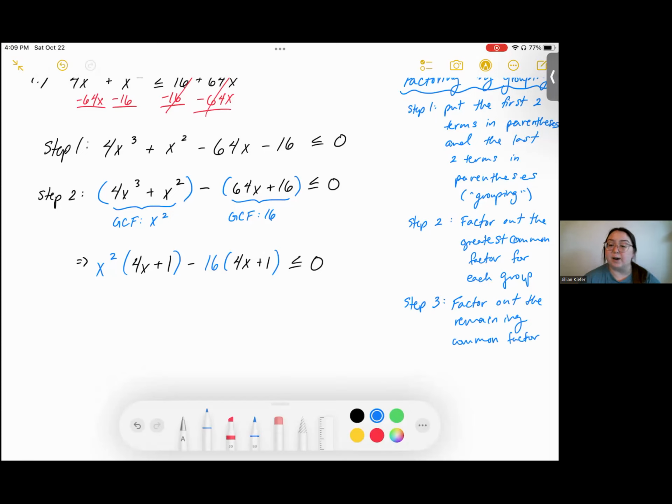So you're going to factor out the remaining common factor, which is 4x plus 1. You're going to factor that statement out. And since you're going to factor that statement out, really this means that you're going to grab anything that's not that factor and you're going to put it into its own group.